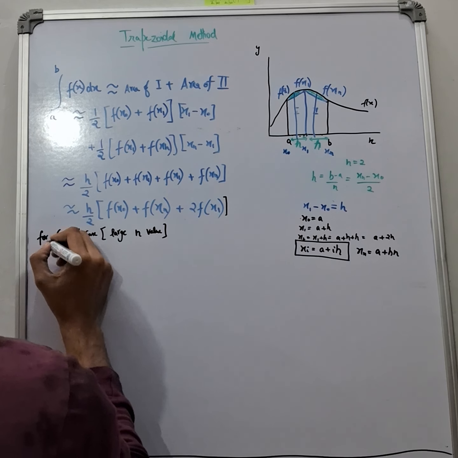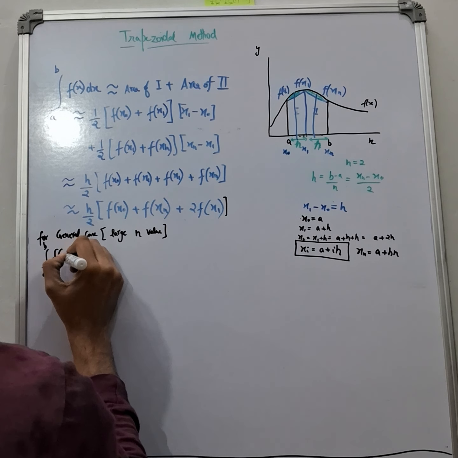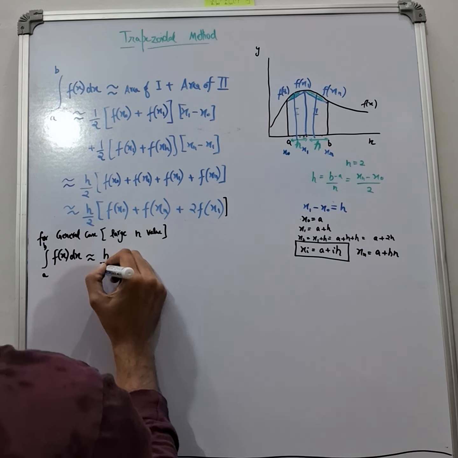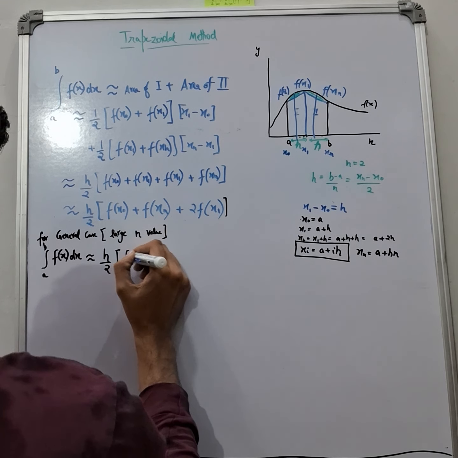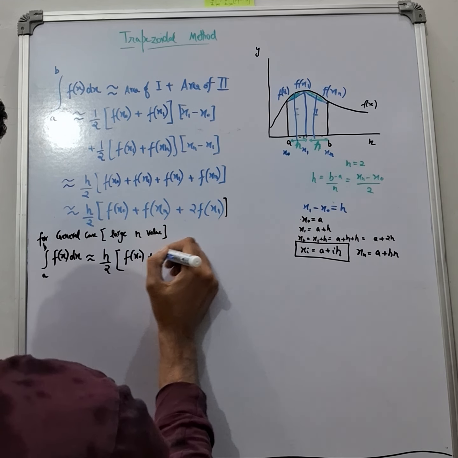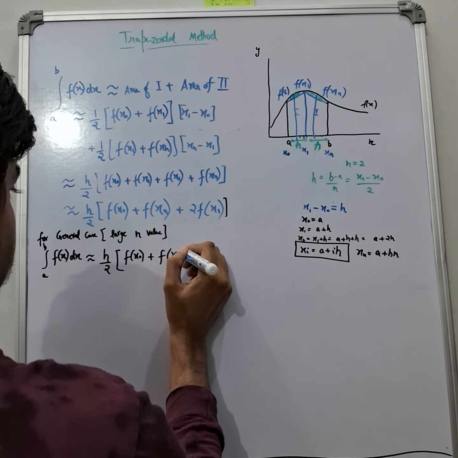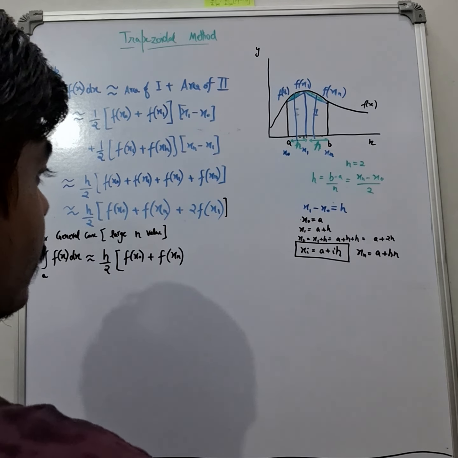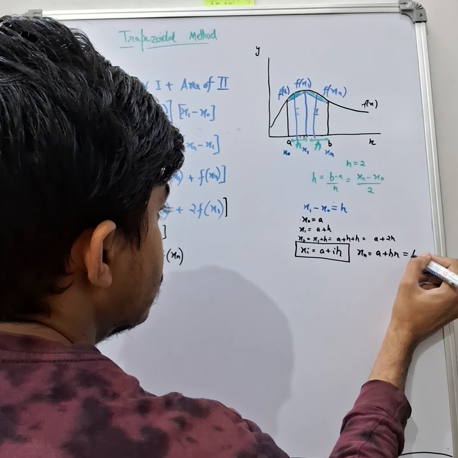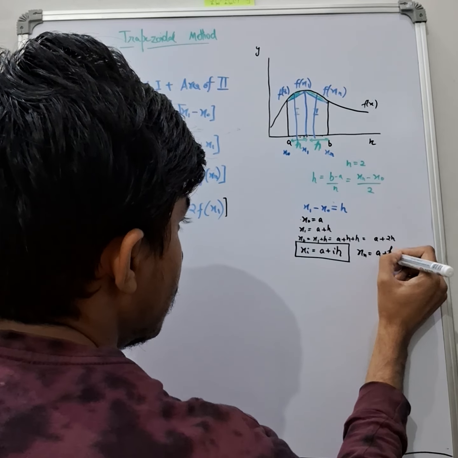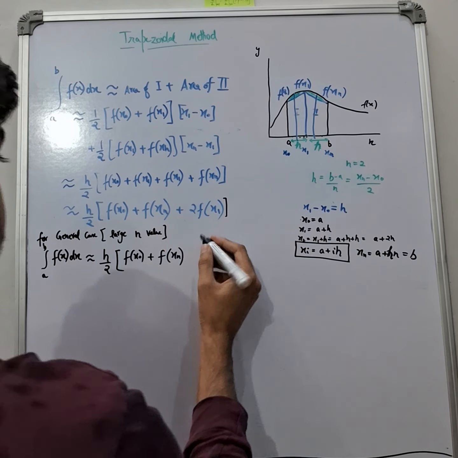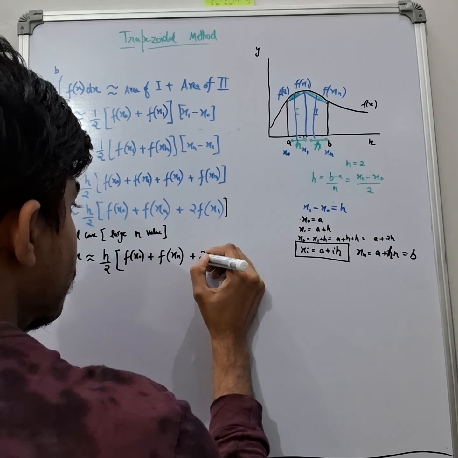So our area can be approximated by h by 2 times f(x0) plus f(xn). f(xn) here is the last value, or b. This is just b, this is h, x0 is a.